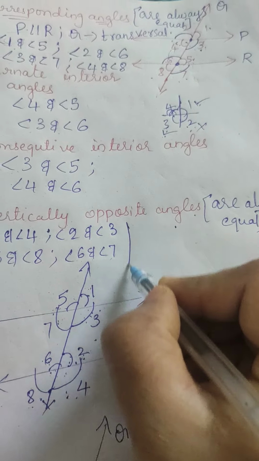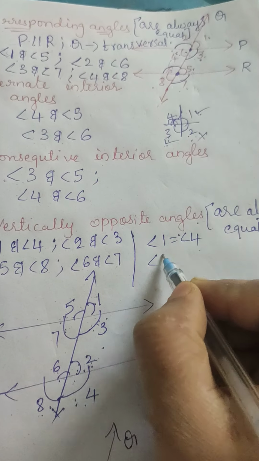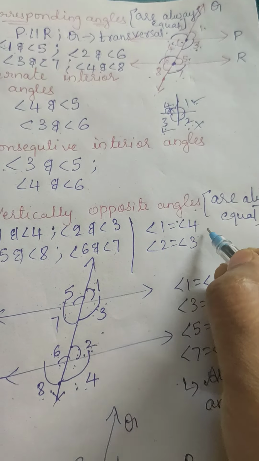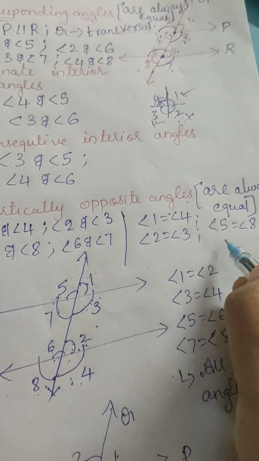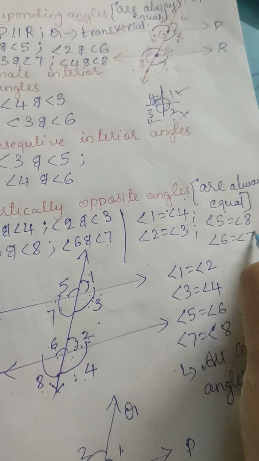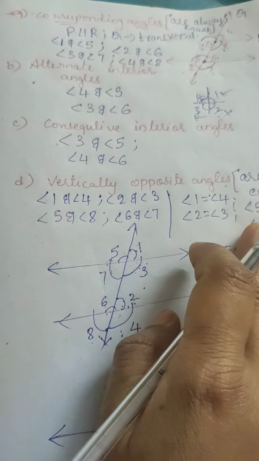We can also notice that angle 1 is equal to angle 4, angle 2 is equal to angle 3, angle 5 is equal to angle 8, angle 6 is equal to angle 7. Vertically opposite angles are always equal.